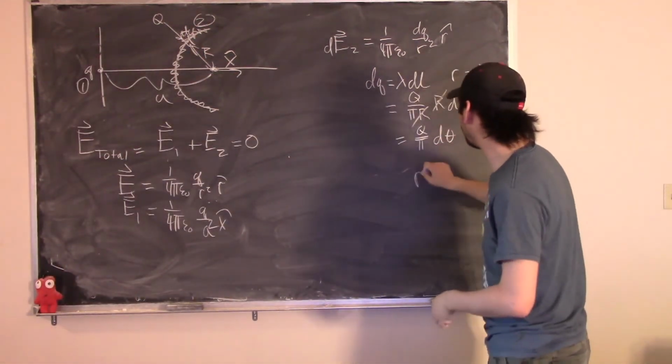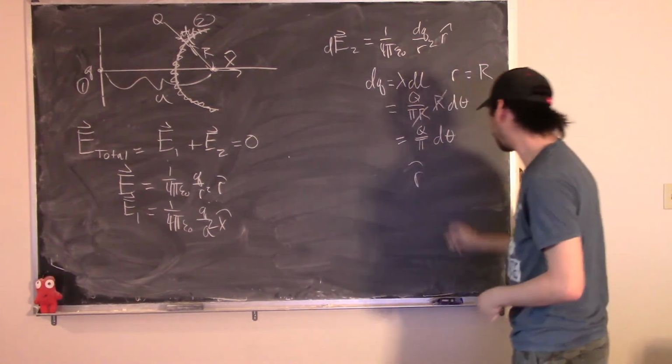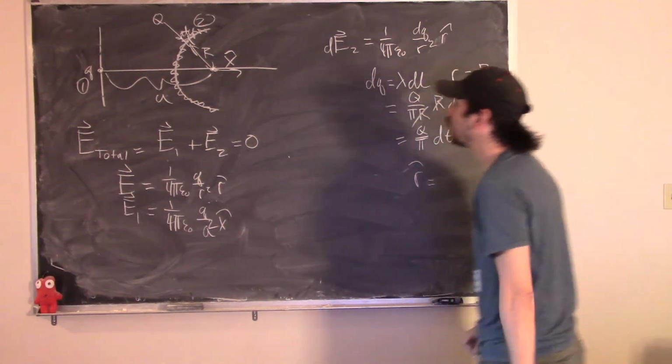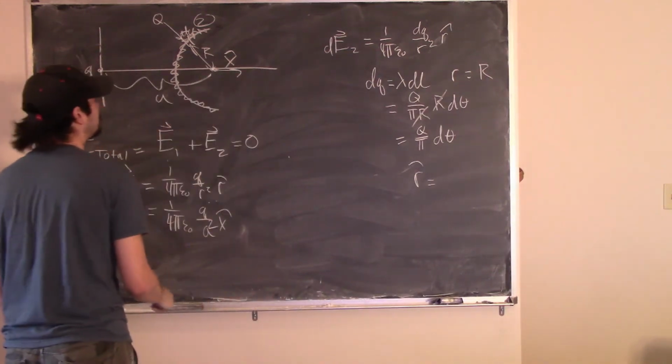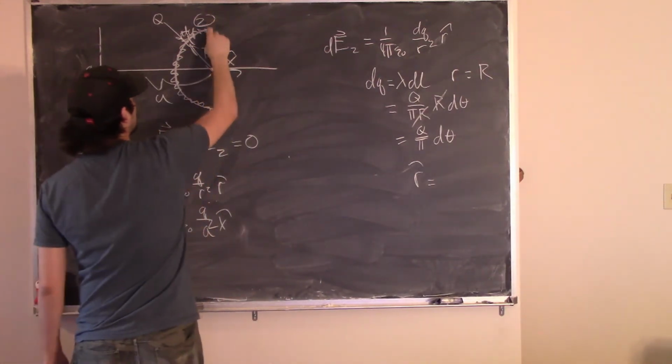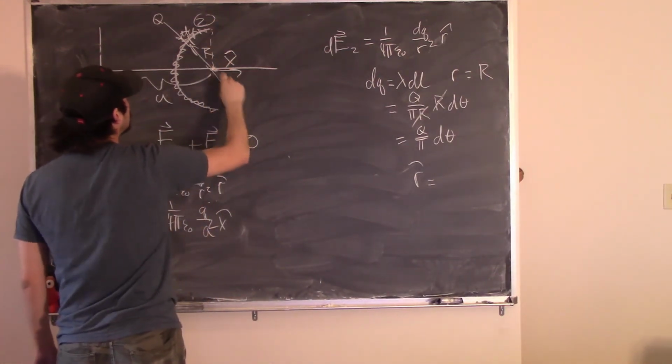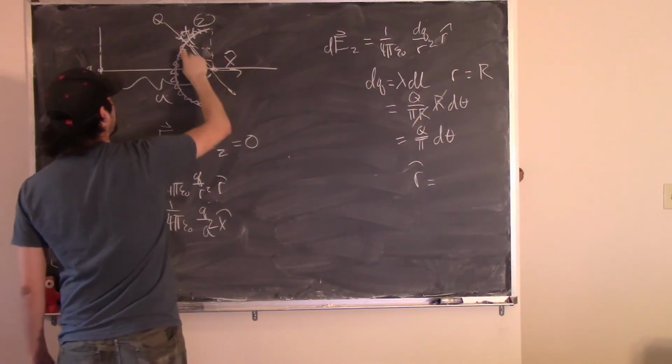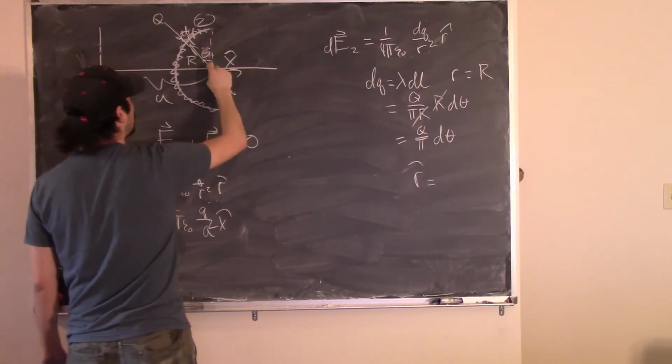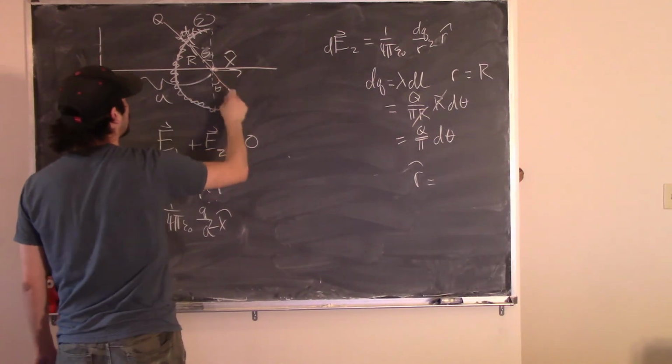And the last thing we need to do is write down what r hat is. So r hat is going to be equal to, now I need to define some angles. So I'm going to define this to be the angle theta, which means this is the angle theta.